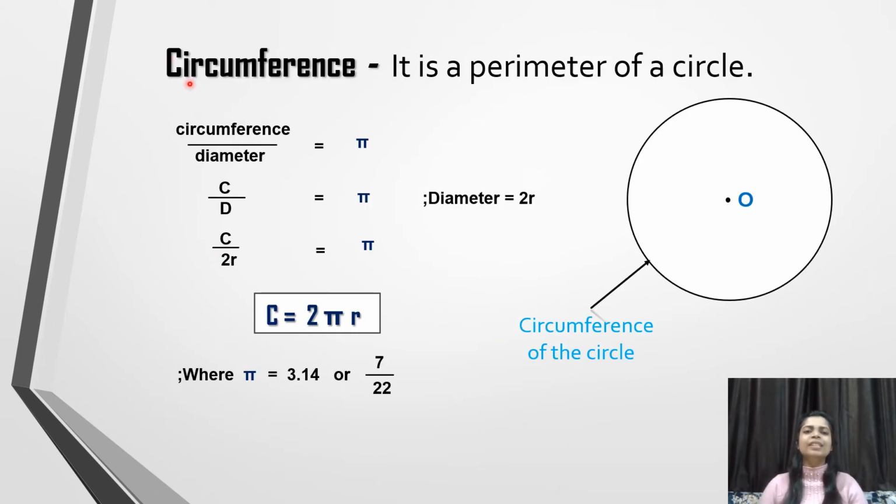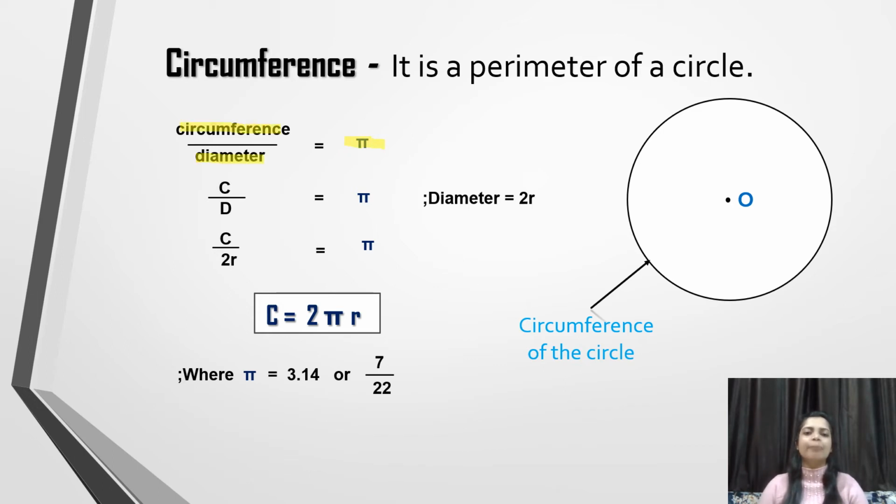Now, what is circumference? It is nothing but the perimeter of a circle. If we want to measure the length of a circle, can we measure it by a scale? No. So that's why we need circumference. Now I'm going to introduce a mathematical constant pi. Pi is nothing but the ratio of circumference to the diameter.